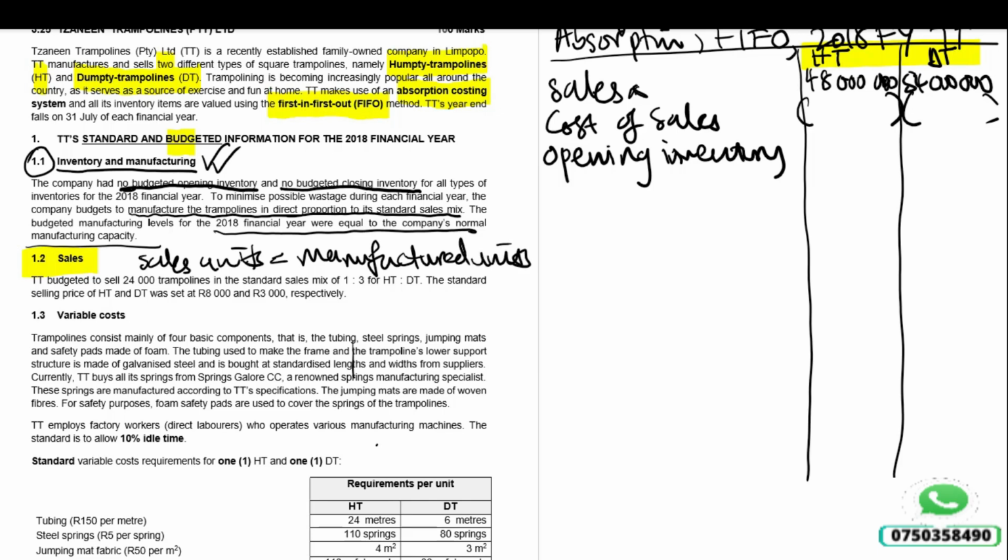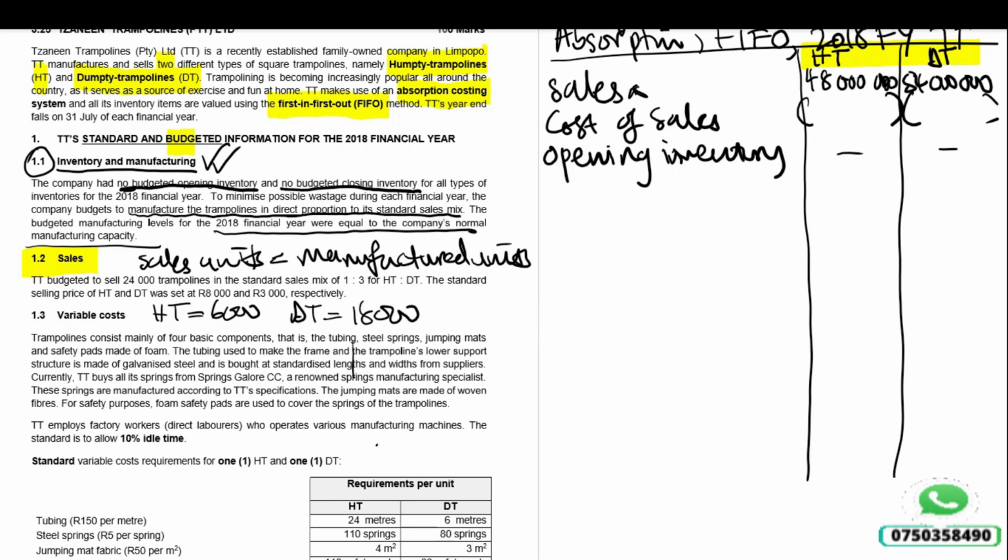Does it make sense? So HT we said is 6,000, and DT we said is 18,000. So this is also going to be my manufacturing units. Okay, so opening inventory, we don't have anything.